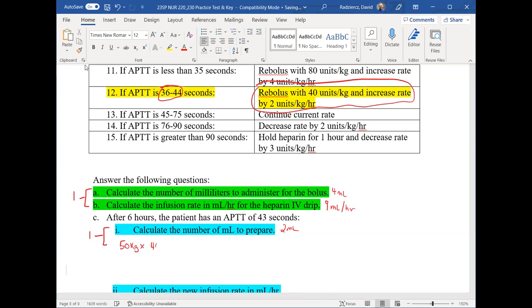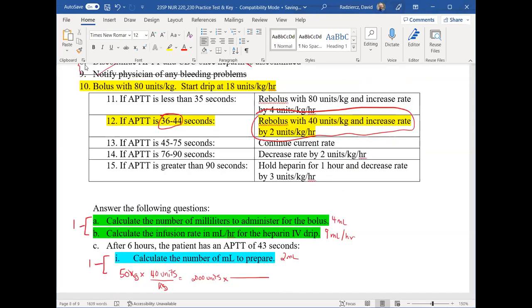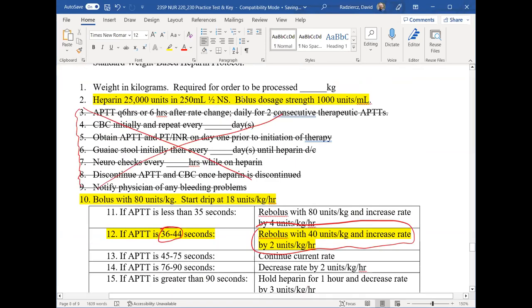The only thing that did change was that instead of 80 units per kilogram, now we're doing 40 units per kilogram. Cross out kilograms. And now I'm going to get 2,000 units. Then I'm going to multiply by my bolus dosage strength. Remember, if we come up, our bolus dosage strength is this right here, the 1,000 units per milliliter.